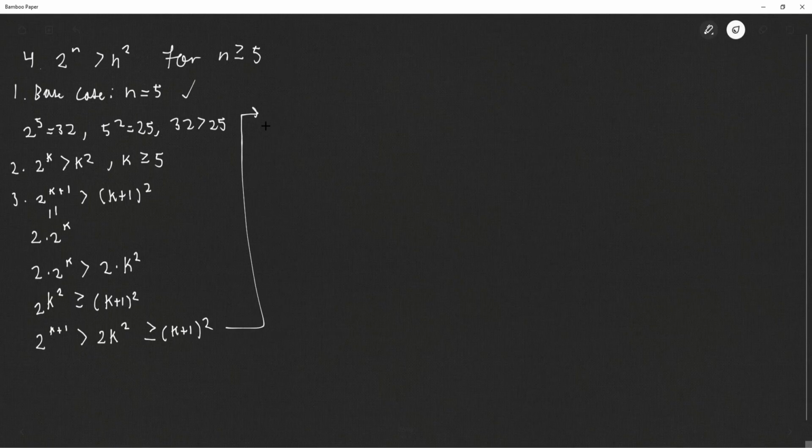So now drawing an arrow up, 2k squared, and if we subtract k plus 1 squared, it is equal to 2k squared minus k squared plus 2k plus 1, which is equal to k squared minus 2k minus 1.